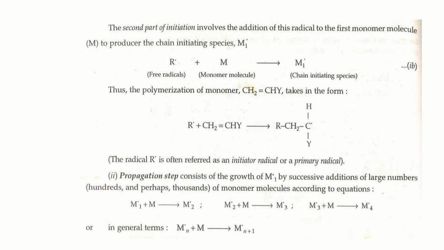M1 is the free radical; it combines with another monomer to form M2, another free radical. The M2 free radical combines with another monomer present in the reaction vessel to form M3, another polymer free radical. So, all the monomers combine to form a long chain, and finally no more monomer is present in the reaction vessel, and this long chain contains a free radical in the last monomer.